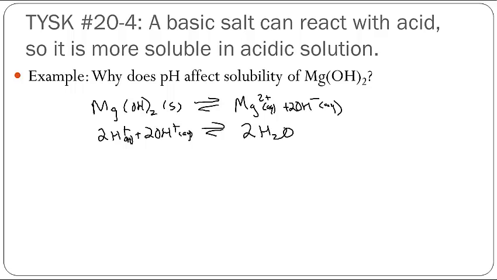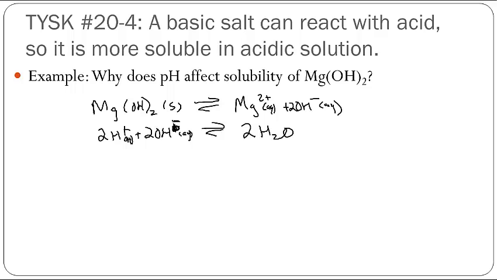All right. Well, let's talk about it conceptually for a minute. If I add base to this equilibrium, the top equilibrium here, if I add in OH minus, what's going to happen to my solubility of magnesium hydroxide?